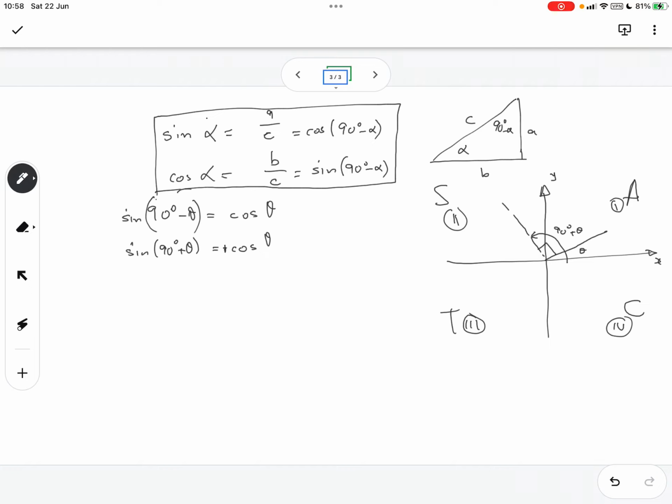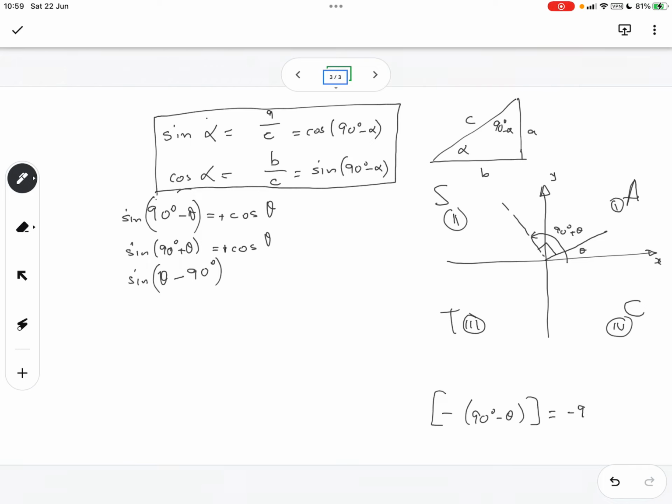Now there are other cofunction angles, like this one, which is a negative angle, theta minus 90 degrees. It's a negative angle because if we take 90 degrees minus theta and we multiply it by a negative, that's our angle.